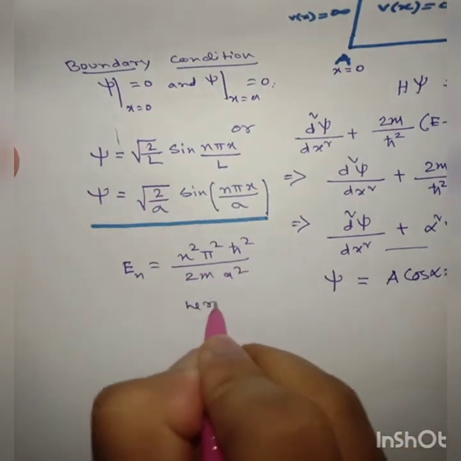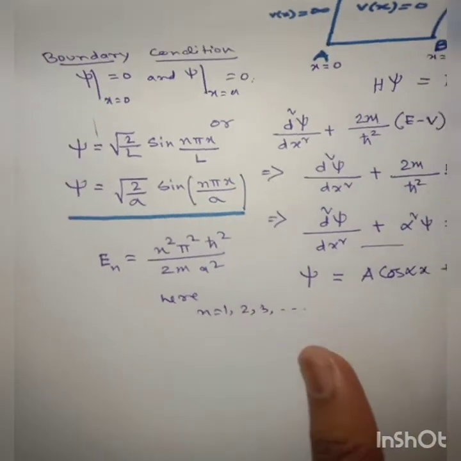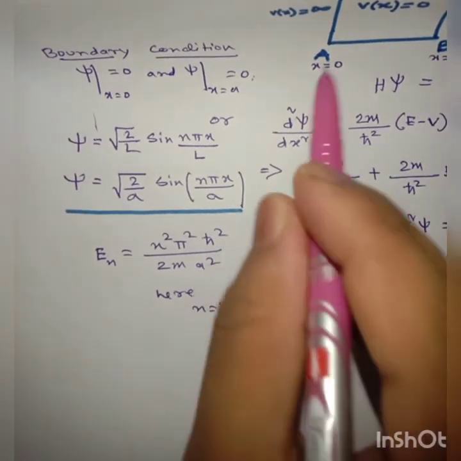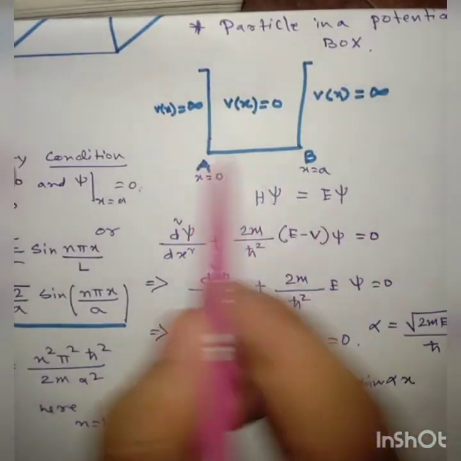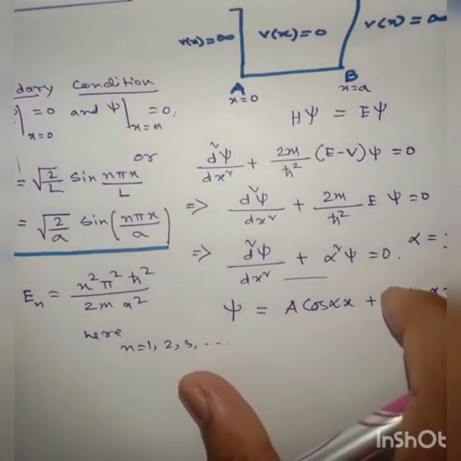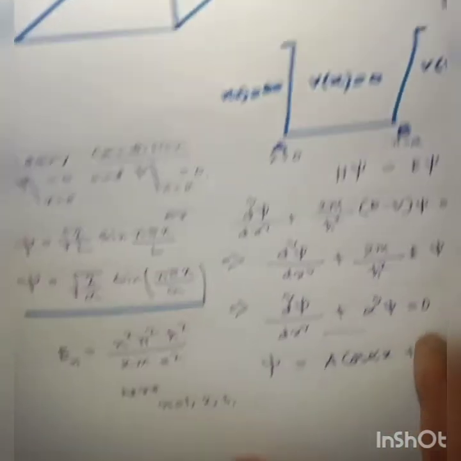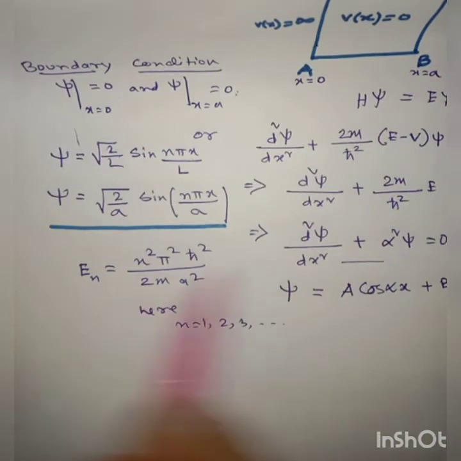Here n equals 1, 2, 3, and so on, and a is the width of our potential box. So these are the allowed values of energy of a particle in a one-dimensional potential box.